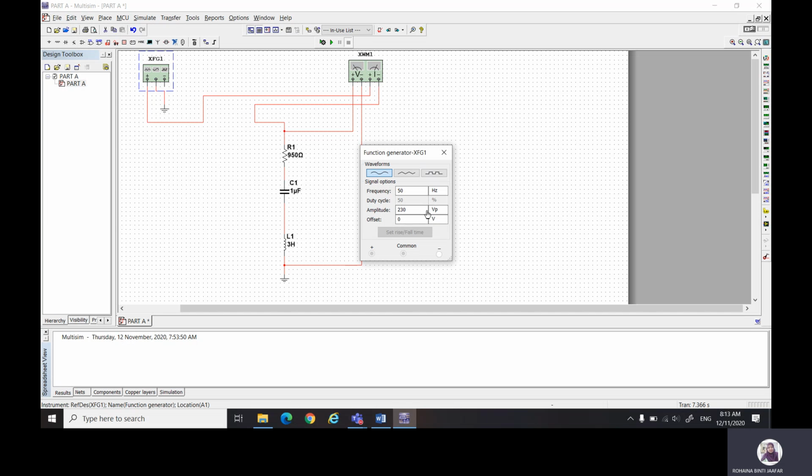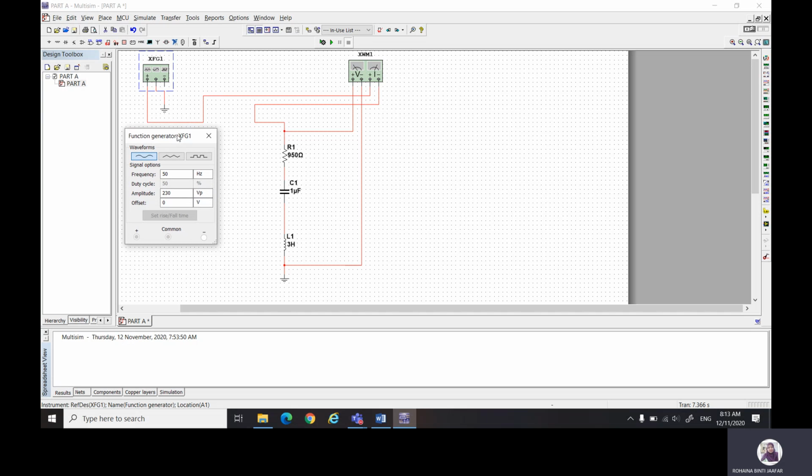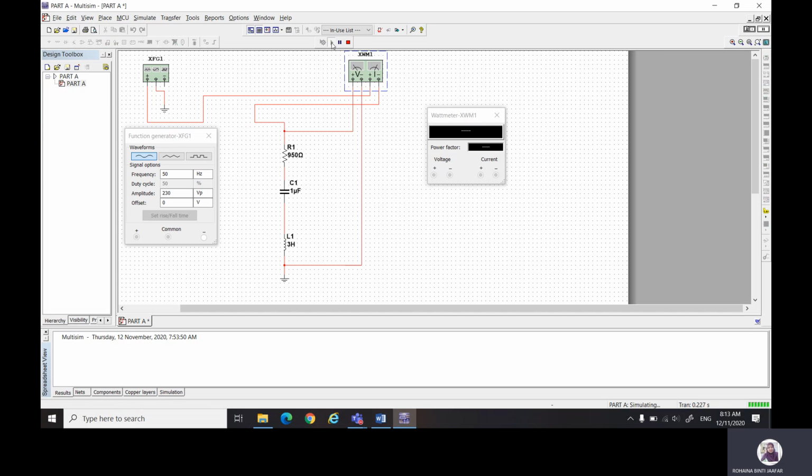Same values as lab 2: your frequency is 50 and your amplitude of VP is 230. This is your setting for the function generator. Then click your wattmeter and run your simulation.